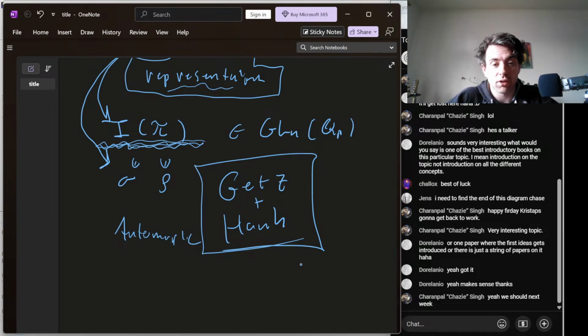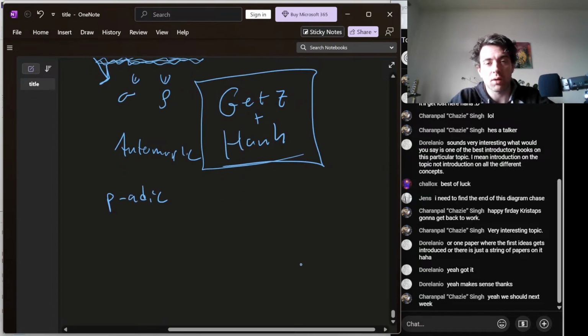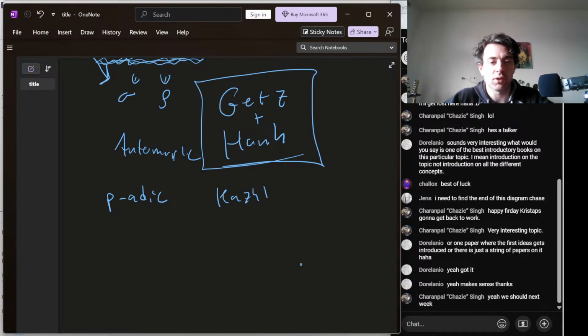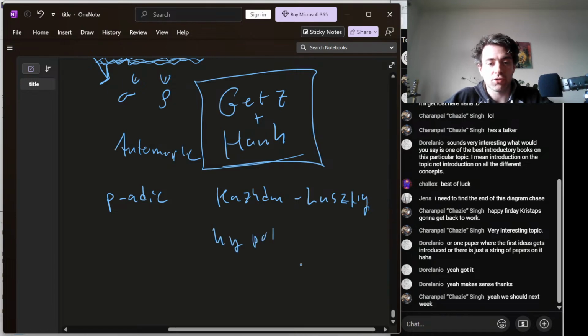The other thing to look up, if you're interested in the particular thing that I'm working on with complex representations, the keyword of one of the things I'm focusing on is the p-adic Kazhdan-Lusztig hypothesis. There's an early paper by Zelevinsky that's basically of this name.